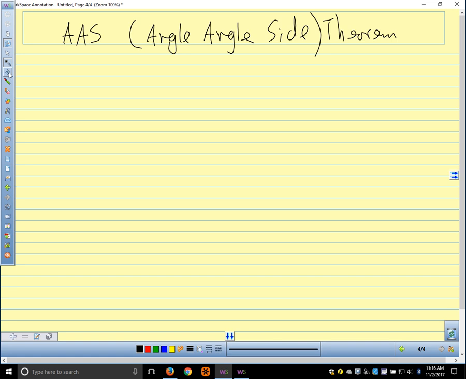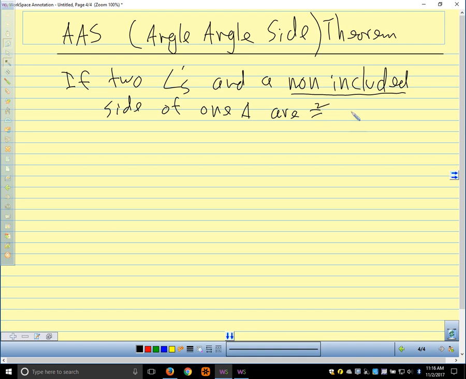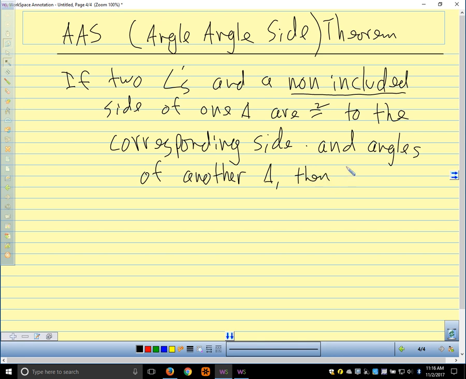Our angle-angle-side theorem tells us if 2 angles and a non-included side of one triangle are congruent to the corresponding side and angles of another triangle, then the triangles are congruent.